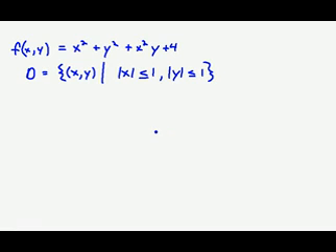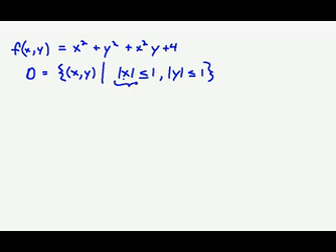Okay, let's find the absolute extrema of f of x, y on the region D, where all the ordered pairs x and y are required to satisfy the absolute value of x is less than or equal to 1, and the absolute value of y is less than or equal to 1. What does that really mean?